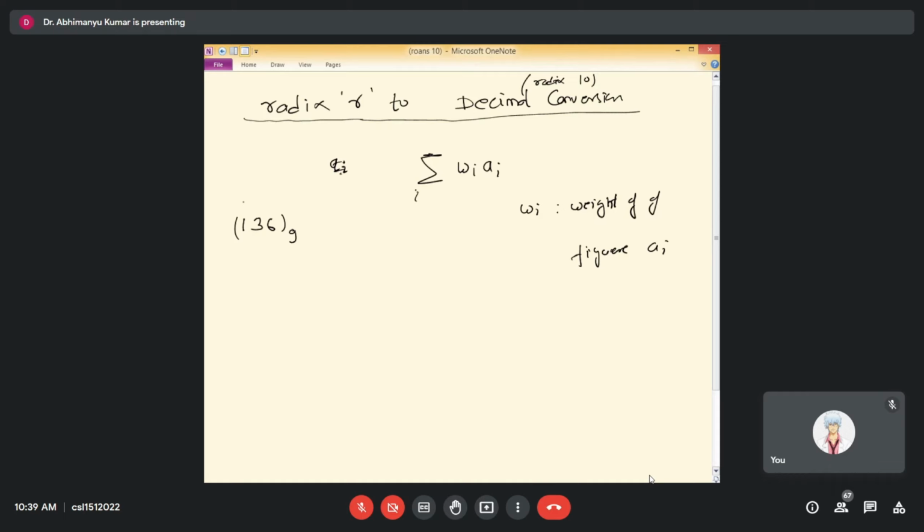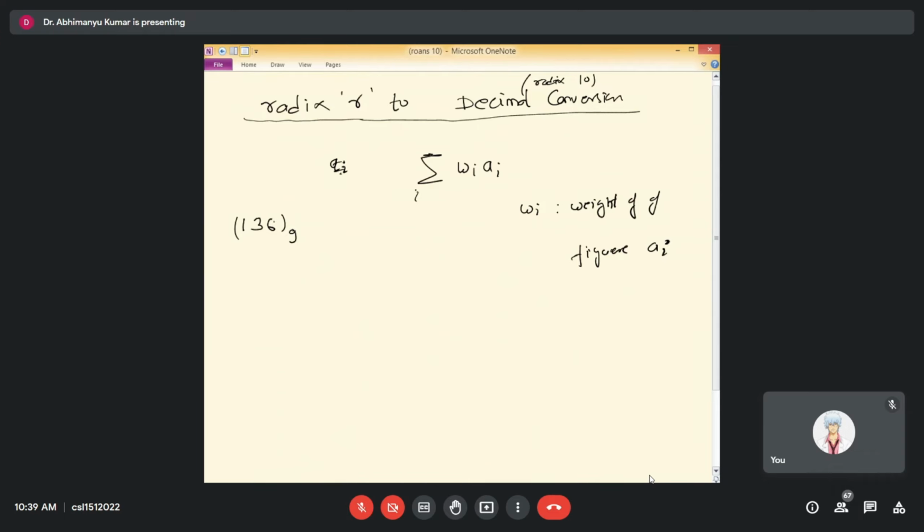Because if it is the decimal system, this figure is called a digit. If it is a binary system, the same is called a bit. Okay. So this is the weight of figure ai, and each of the symbols does not have the same weight. It depends on their place value, right?